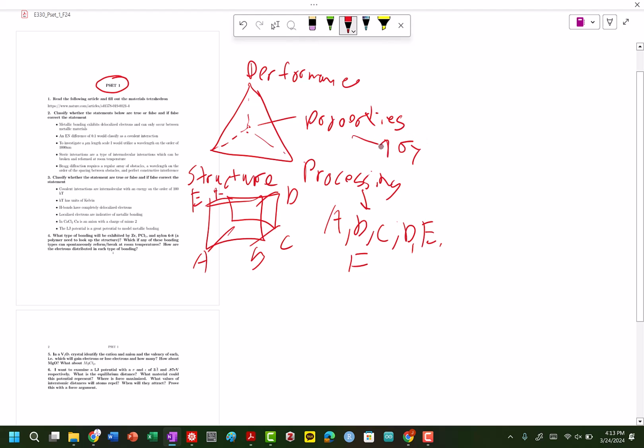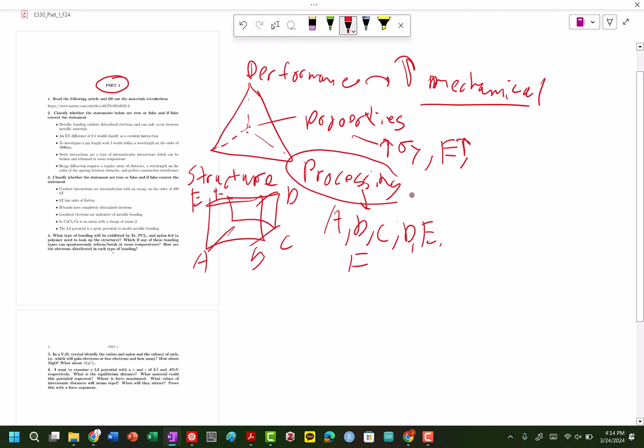For example, my yield strength increases, my Young's modulus increases, I have improved mechanical properties, and that leads to an increase in my mechanical performance. There's also some unique magnetic properties as well, but this is effectively the idea. We perform a process that changes the structure, which influences properties and performance.